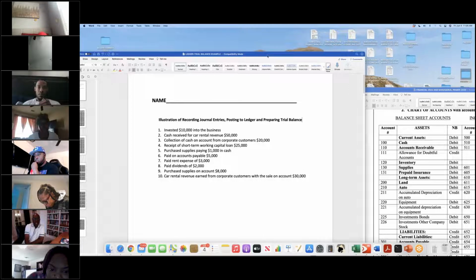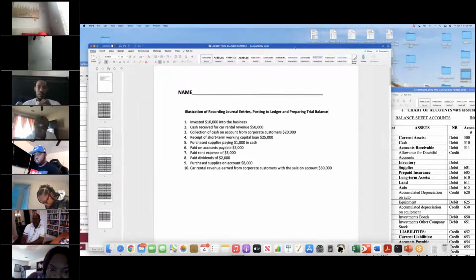So let's go back to our problem where we illustrated the recording of journal entries, and I've added to that posting to the ledger and preparing the trial balance. In step 2, we want to know after this transaction how much money is there in cash. How much is in receivables? How much is in each account?